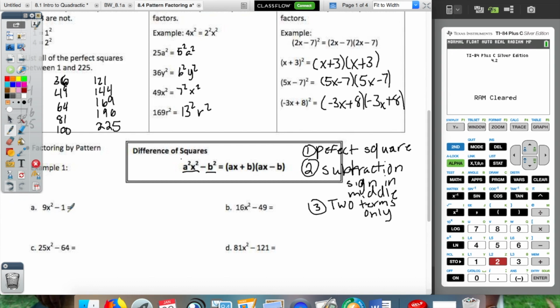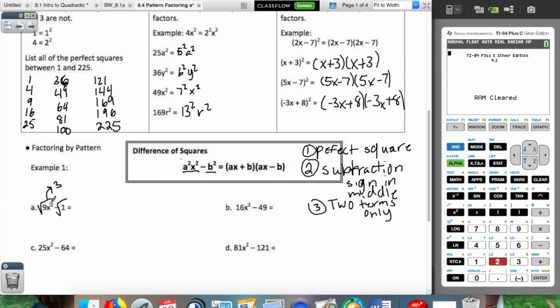So what we're going to do here is take the square root of the first one, the square root of the last one, and have a positive one and a negative one. So let's start with, what's the square root of 9x squared? Well, first, what's the square root of 9? 3. And then the square root of x squared would just be x. So we have 3x. And now, what's the square root of 1?